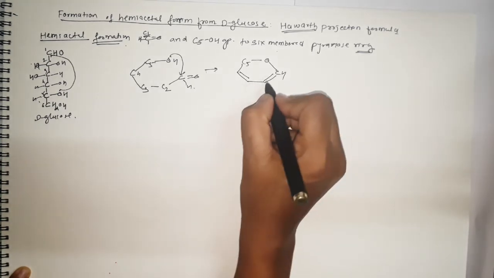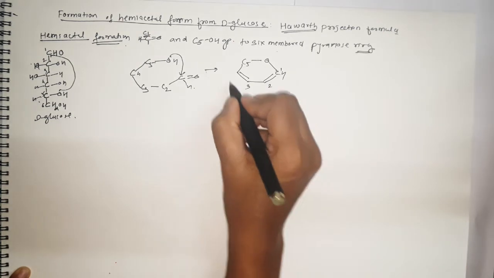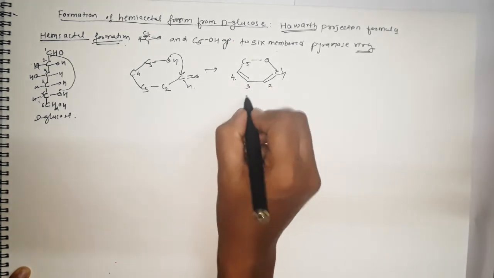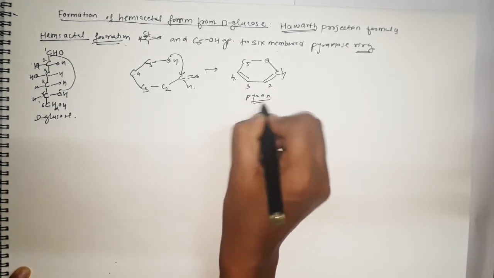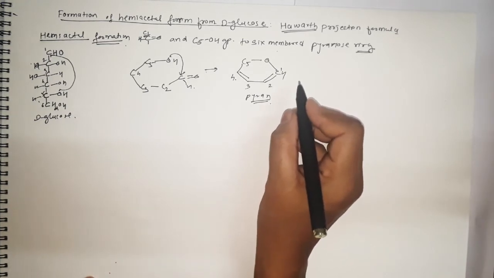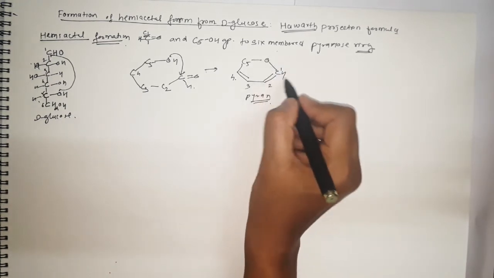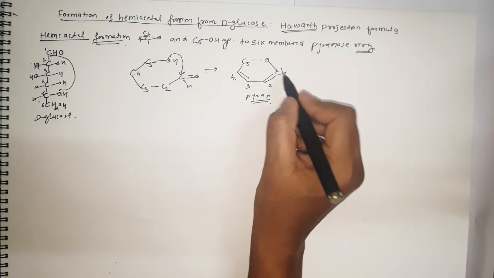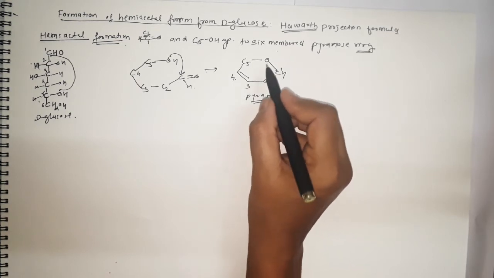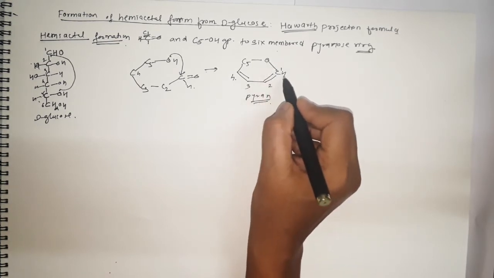So this is C1, C2, C3, C4. This is your pyran ring. So here in the pyran ring there is no free aldehyde group, as it forms the oxide ring.